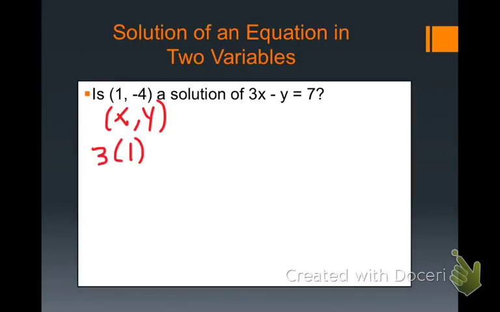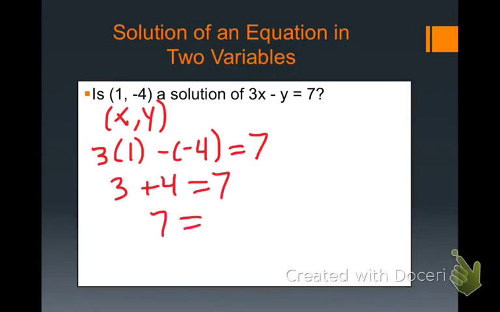So 3 times 1 minus a negative 4 equals 7. Well, 3 times 1 is 3, minus a negative becomes plus 4, and 3 plus 4 is 7. So, since it's true, that means the ordered pair (1, -4) is a solution of that equation.